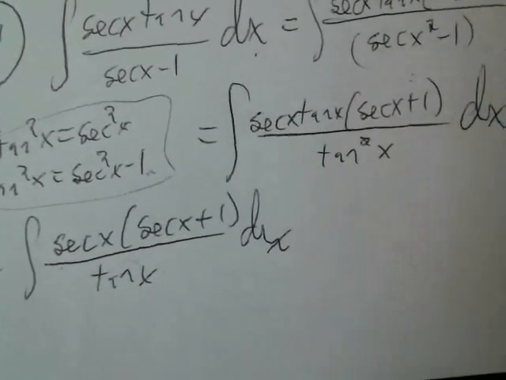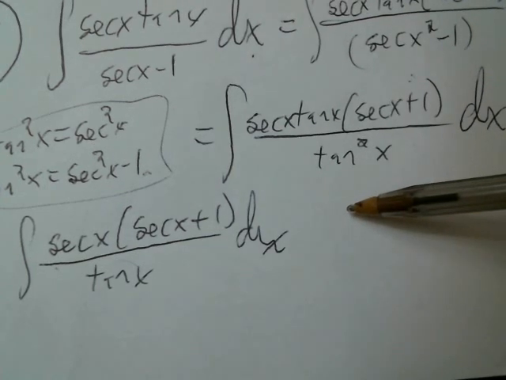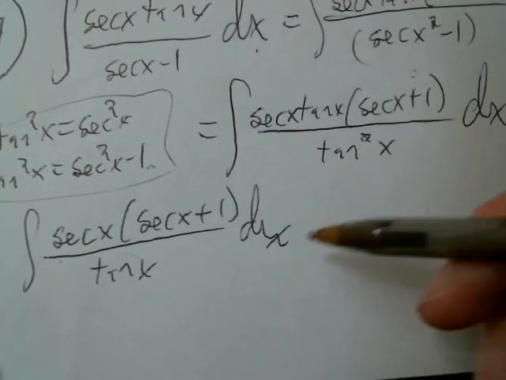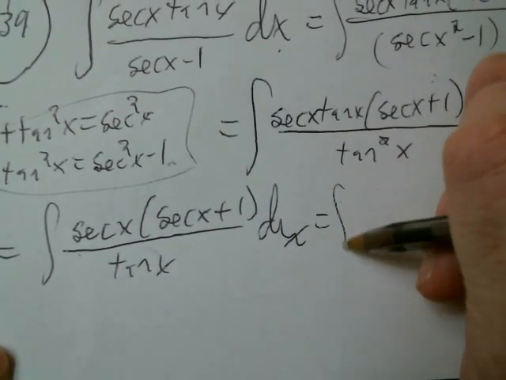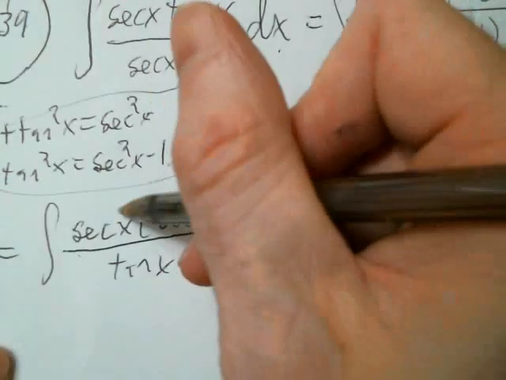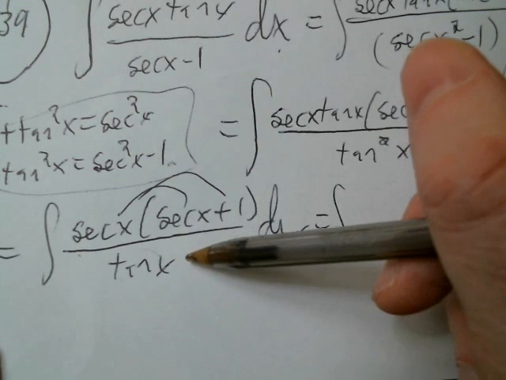And then what? Let u equal, well, I don't want to do that, right? But let's clean this up a bit and rewrite it. If I distribute, it would be secant squared x plus secant x all over tan x, right?